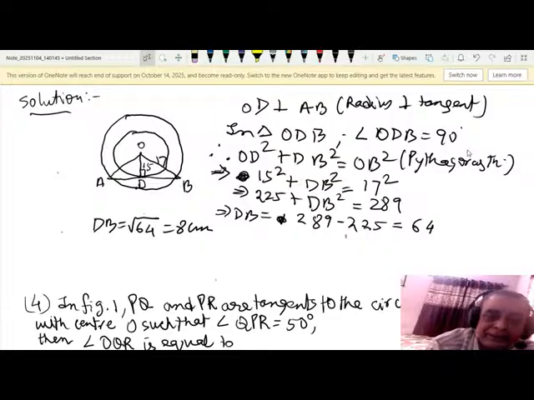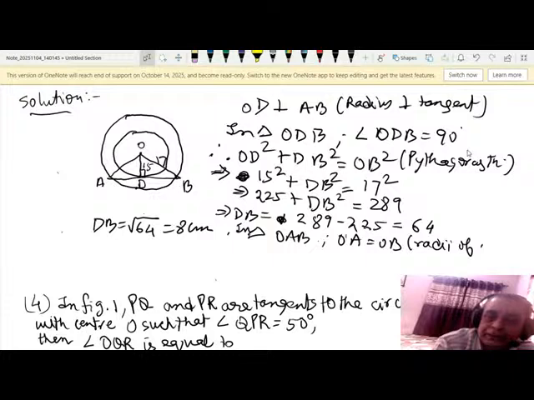Now the triangle OAB is an isosceles triangle. In the triangle OAB, OA is equal to OB, radii of the larger circle. The perpendicular from the vertex onto the base of an isosceles triangle bisects the base.